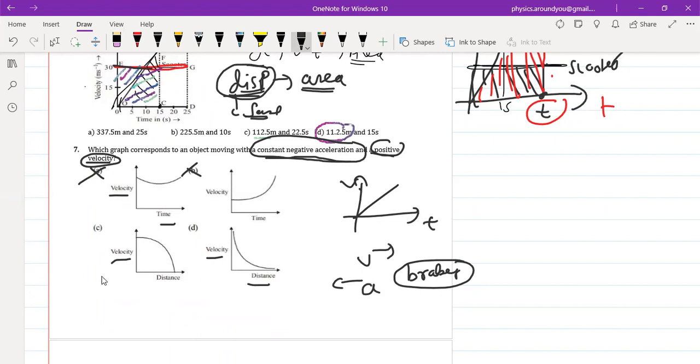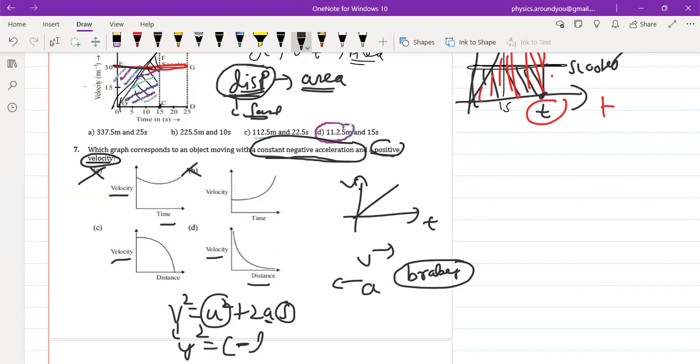For resolving it, we take the result V square equal to U square plus 2AS. In both cases, the acceleration is negative, right? And velocity is plotted on the y-axis. U square is some constant c, let us say, and s is nothing but the distance.